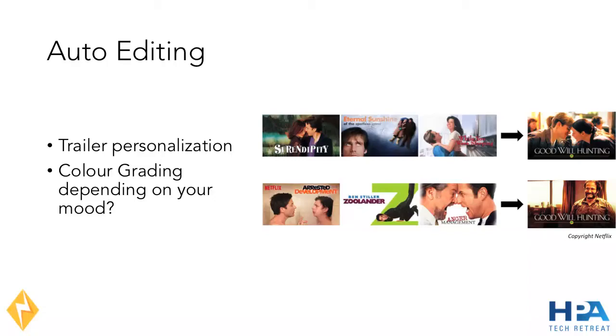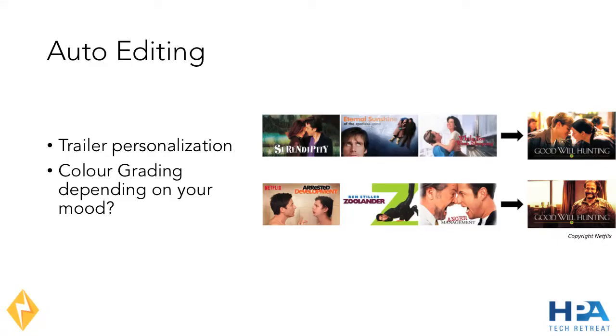So if you have seen Serendipity, you can see the other guys. Depending on your mood, it will show the movie poster differently, to attract you to see this one instead of the other one. So that's something very interesting.